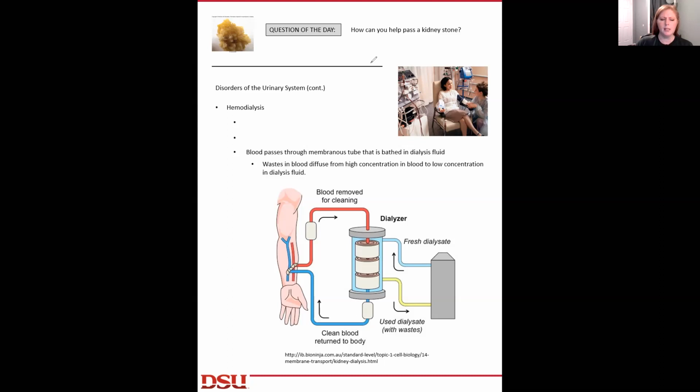Peritoneal is placed in the peritoneal cavity in the body, whereas hemodialysis is done by hooking you up to an external machine. Okay. So again, this would be for patients who are in kidney failure, meaning that their kidneys are either no longer functioning or no longer functioning within the percentage required to keep your body from becoming toxic from the buildup of wastes.